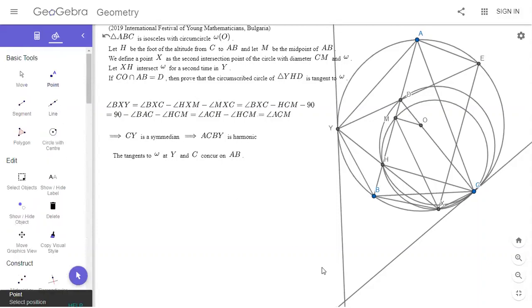I'm going to draw that point way down there, F. All right.